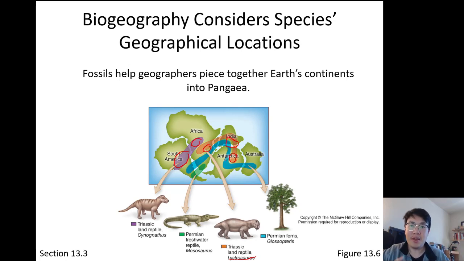The only way we could find that species in that whole range is if they were connected together, because they're not going to swim across the Atlantic Ocean.